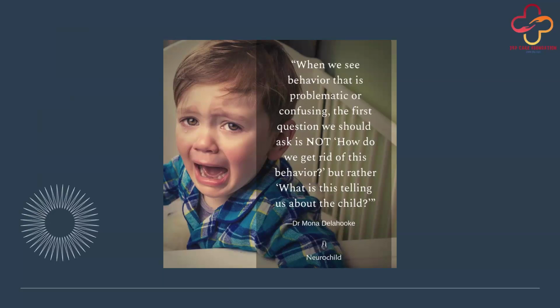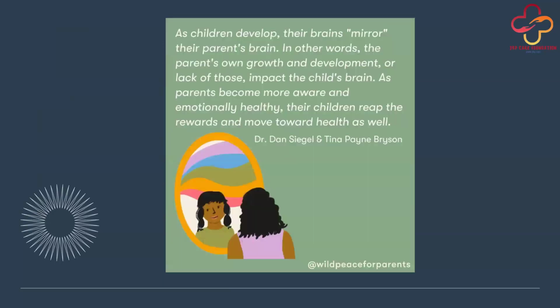Behavior is the reflection of how the child's brain is processing. So we should read what the behavior is telling us instead of concentrating on how to get rid of it. Once we decode the behavior, we understand what the child is going through, and we can definitely work on a behavior modification plan.